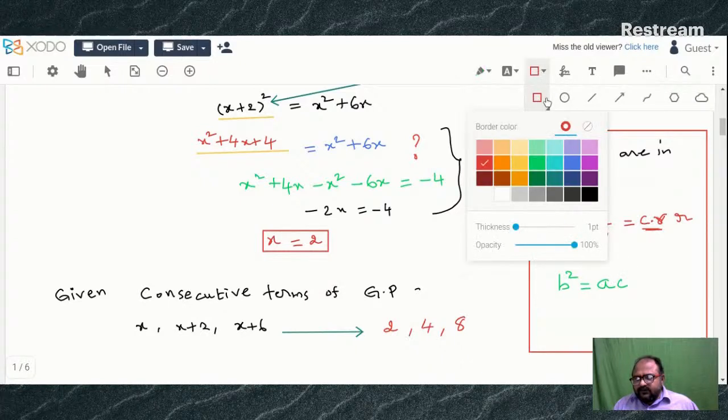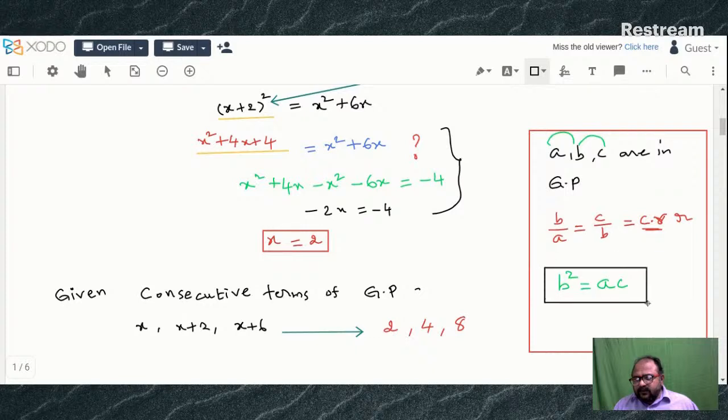So, generalizing this concept, you can say that three consecutive numbers are in geometric progression if they satisfy the condition B square equal to AC. A, B, C are in a geometric progression is implied by B square equal to AC. This is the condition.